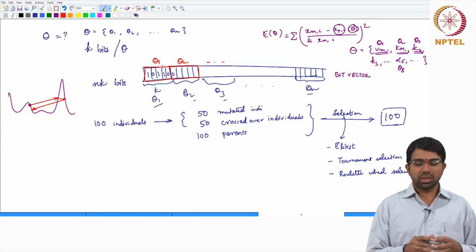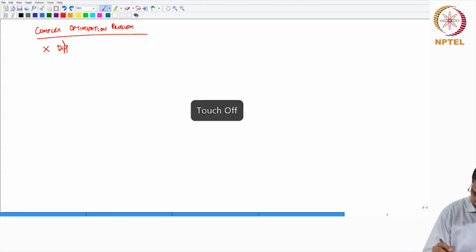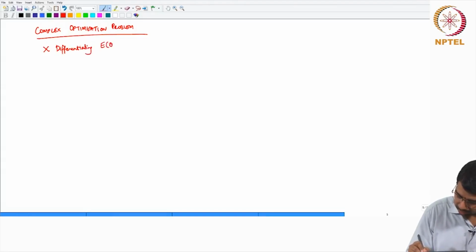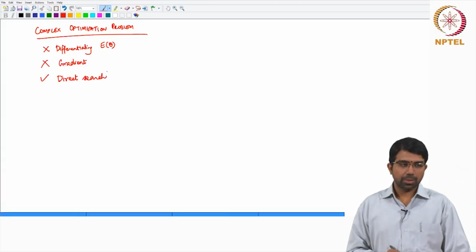Genetic algorithms can be used in any domain where you have a somewhat difficult complex optimization problem, where basically you have given up on differentiating the cost function, or you have given up on gradient and you are relying on direct search alone, right.